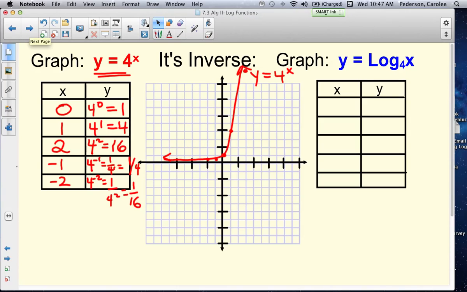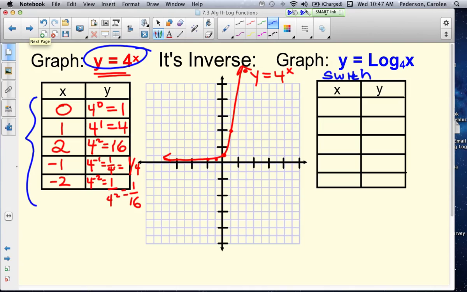To find its inverse, if you remember from the earlier section, to graph its inverse, we just switch these values from this function. These are inverses of each other. So all of these ordered pairs are just going to flip-flop. So now this is going to become 1, 0.